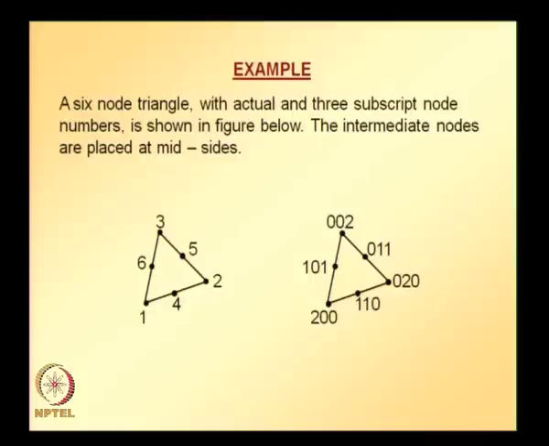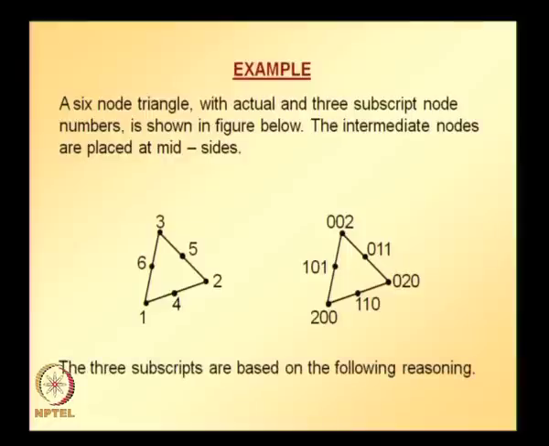So, the actual 6 node triangle element is shown, and also for that 6 node triangle, the 3 subscript numbering scheme is shown on the right hand side, and these 3 subscripts are based on the following reasoning.